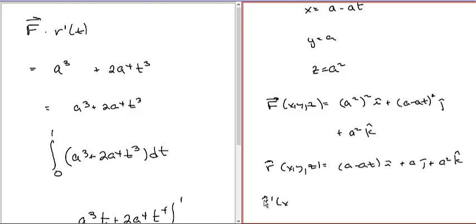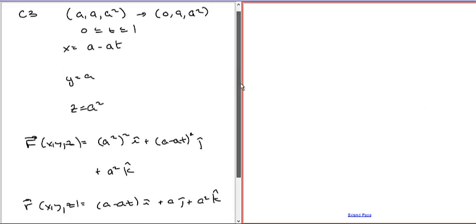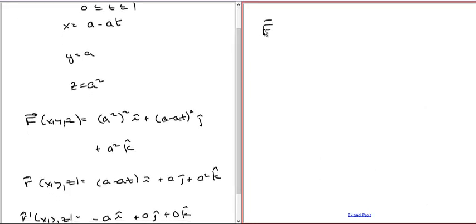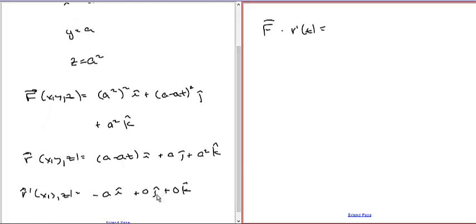And if we take the derivative of that with respect to t, you'll get negative a i, and that's 0, and that's 0. So we need to do the dot product of F dot r prime. Let's see what we end up with. So there's no i and j components, and then you multiply a squared squared times negative a, so you get negative a to the 5th.